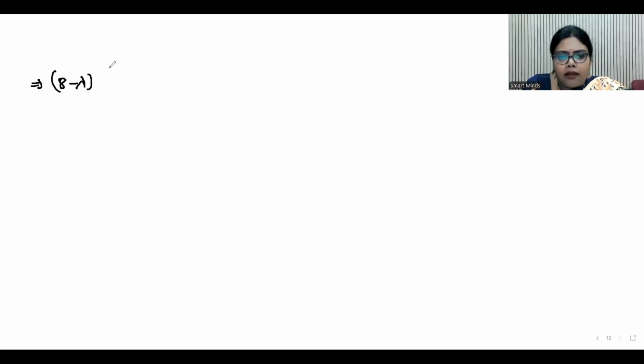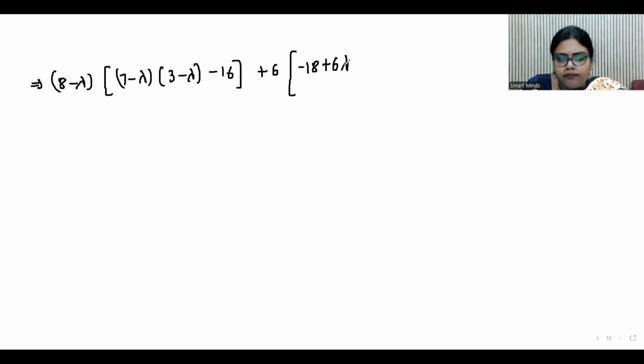So how do we expand? 8 minus lambda into (7 minus lambda)(3 minus lambda) minus 16, plus 6 into minus 18 plus 6 lambda plus 8, plus 2 into 24 minus 2 into 7 minus lambda.